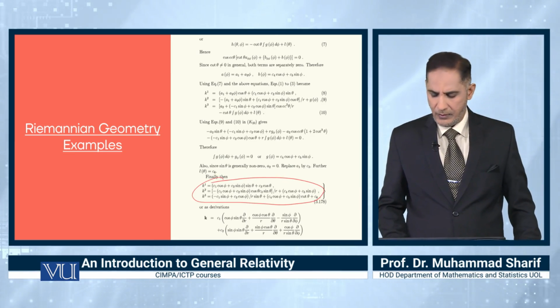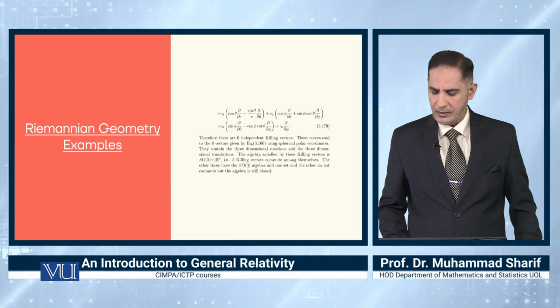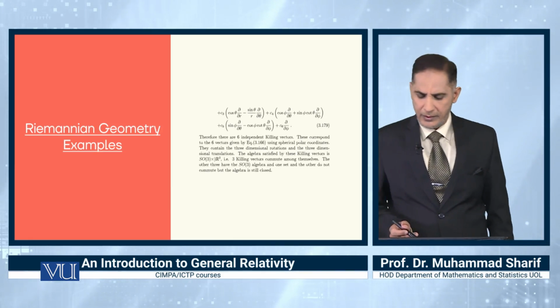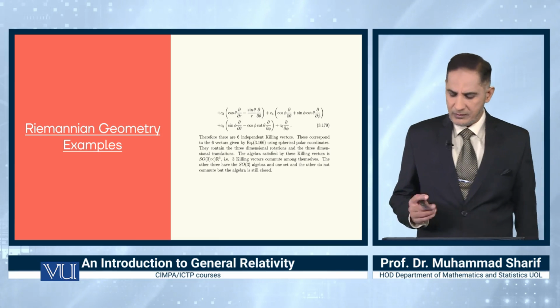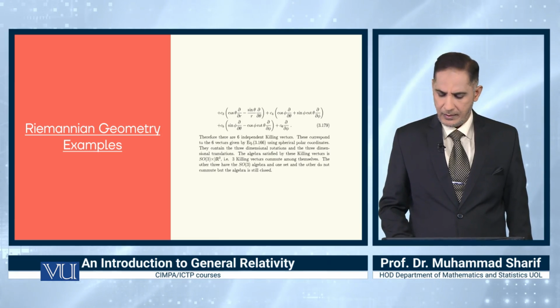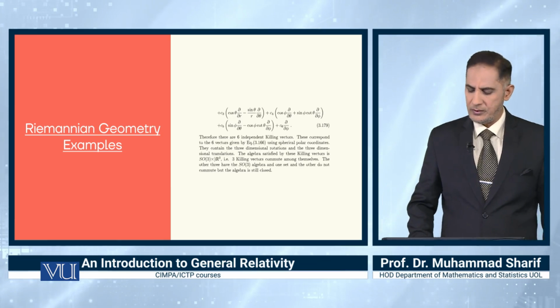And obviously, one can check how many generators can be found, and you can see for spherical polar coordinates we have 6 constants. So, obviously, there will be 6 generators here, and one can check that the algebra is closed in this case as well.